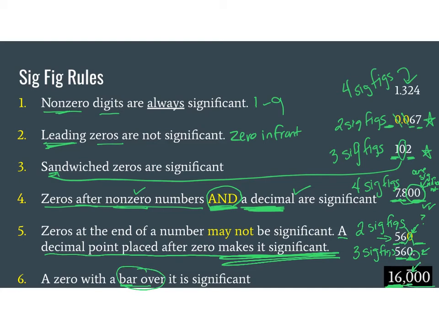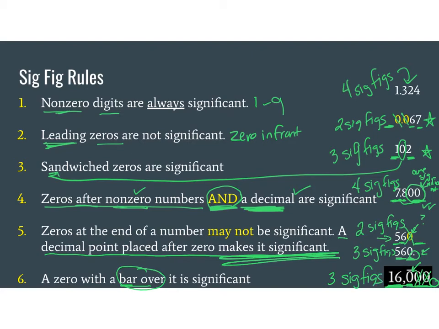So this guy right here is also significant. So then the question is, are these last two zeros significant? Well, there is no decimal place after them. So these two zeros, they have no bar and they have no decimal place, so they are not significant. Therefore, this has 3 Sig Figs.